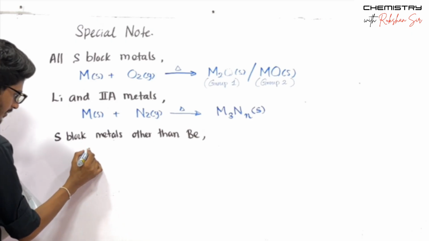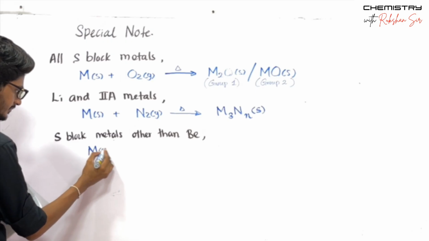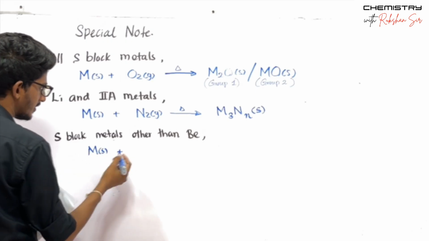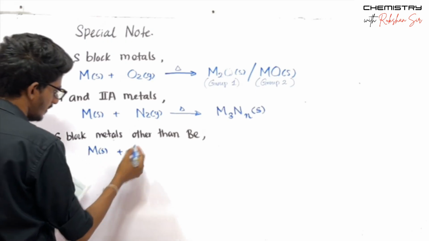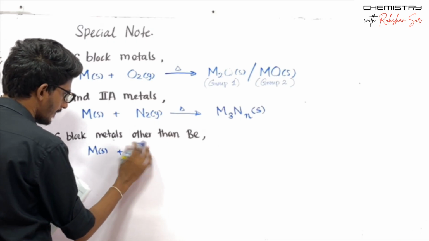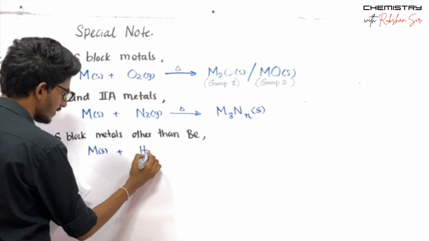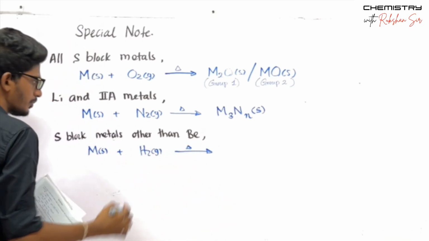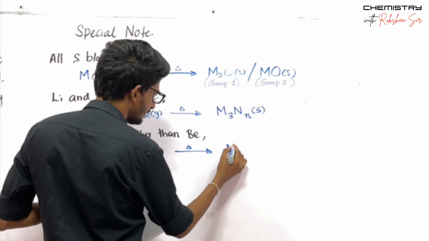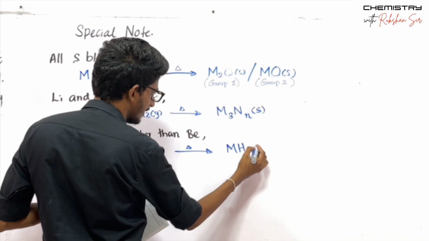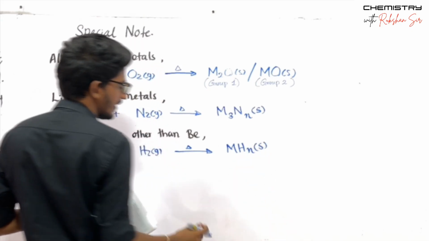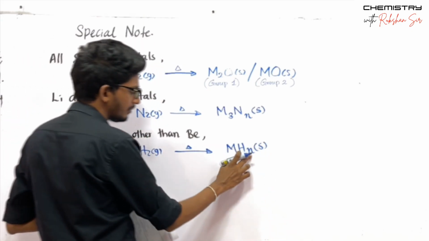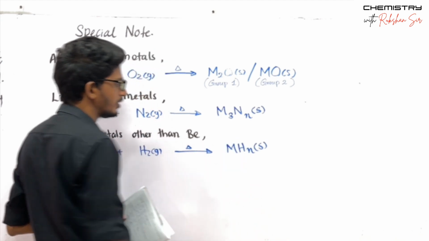So if you take the metal M, it reacts with H2 gas to produce the hydrides, MHn. If you are dealing with group 1, n will be 1. If you are dealing with group 2, n will be 2, right?